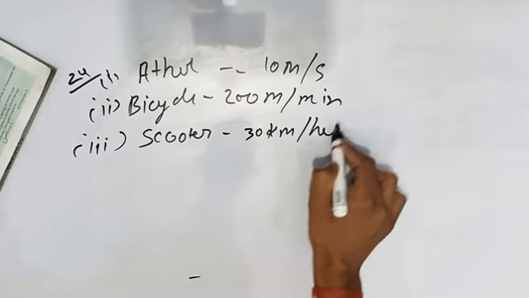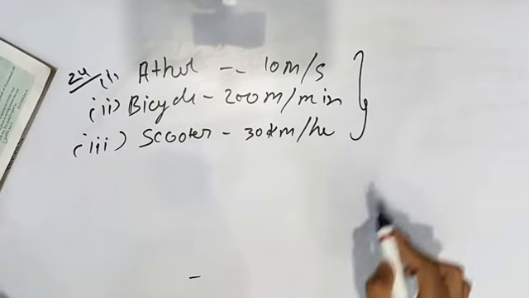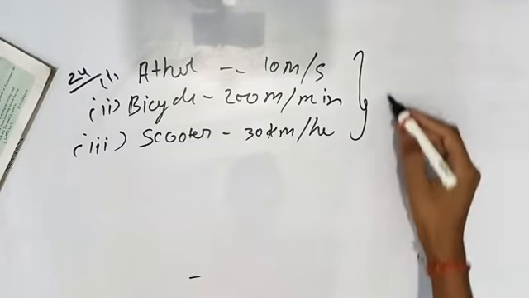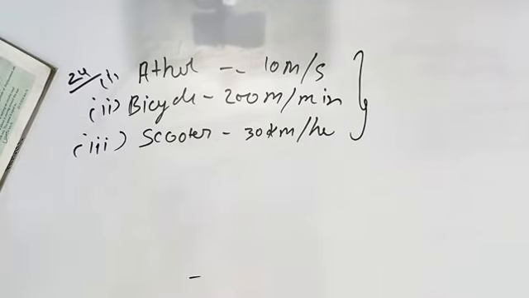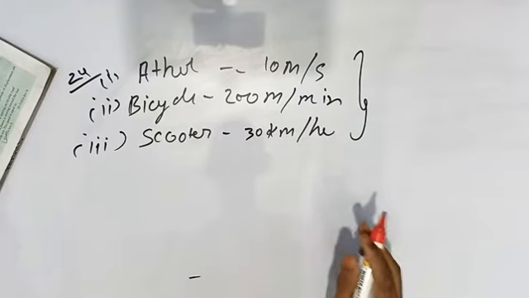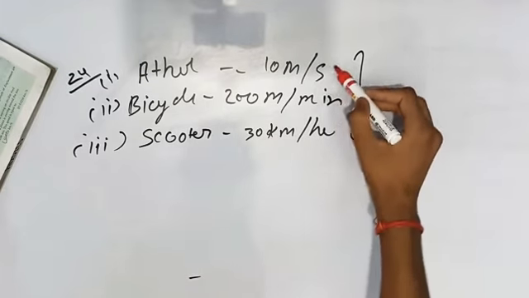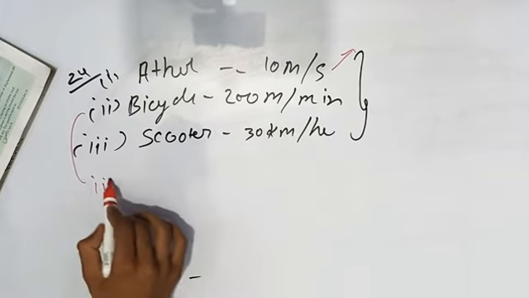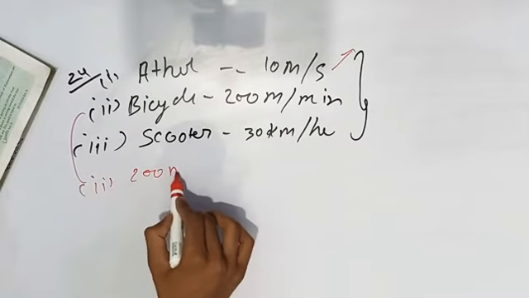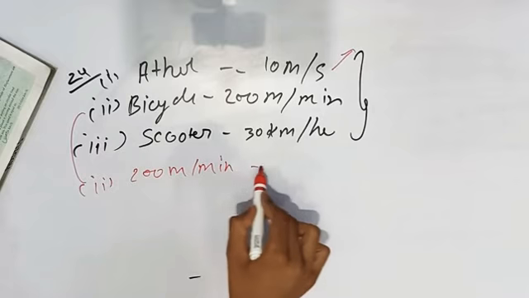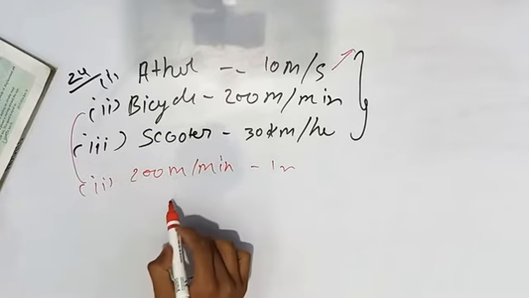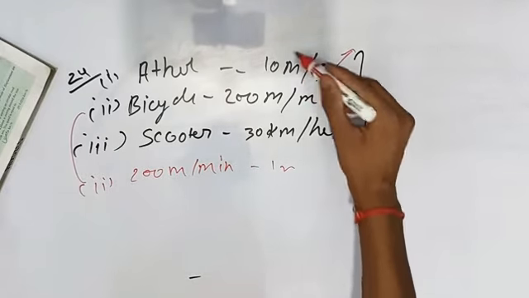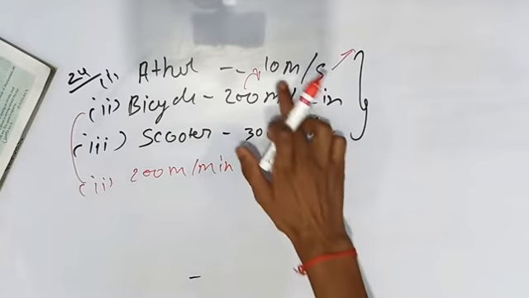We have to arrange them in increasing order, keeping the least speed first. So we will convert all three into one form. Let the first form be like this only, 10 meter per second. Now we will deal with the second one, 200 meter per minute. We have to make it into meter per second.